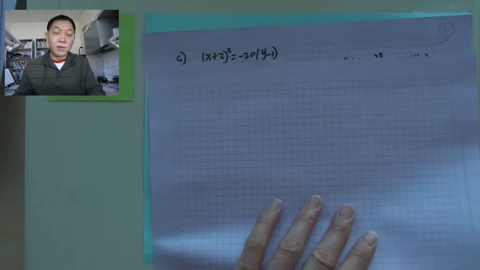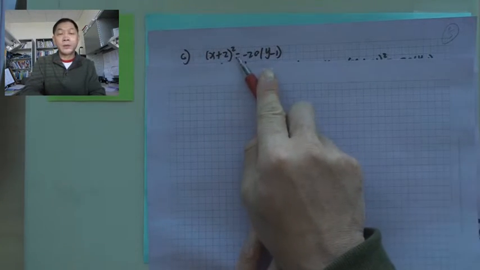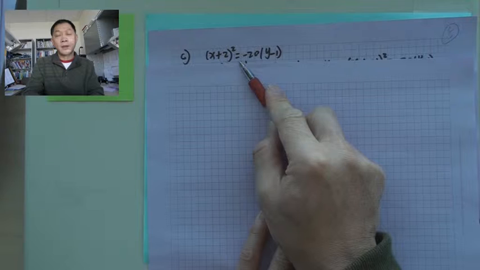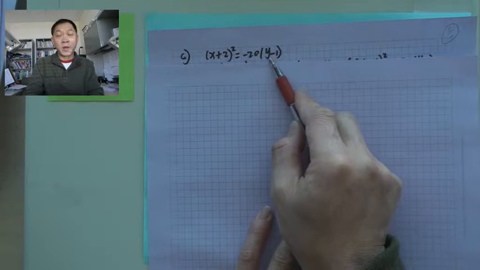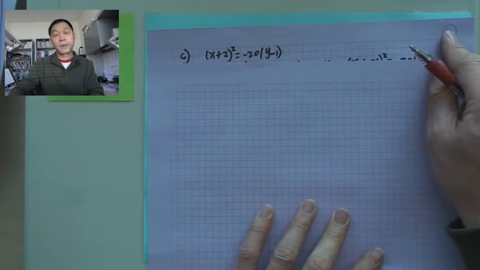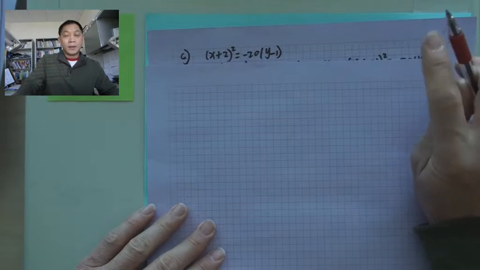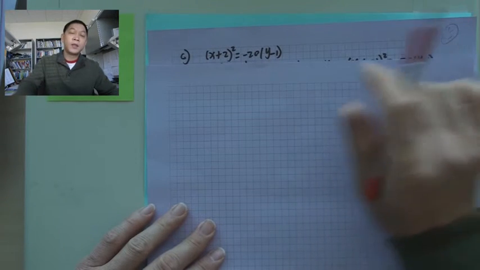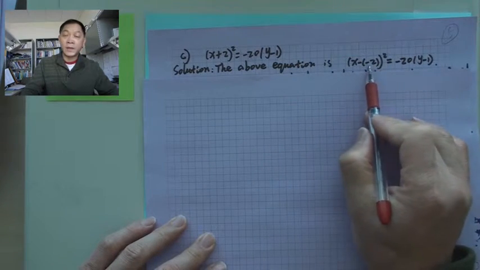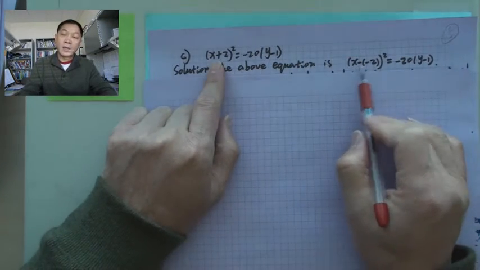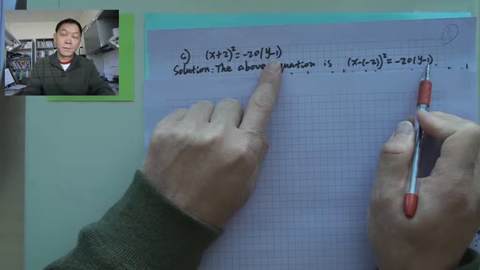This example gives the equation (x plus 2) squared equals negative 20 times (y minus 1). Now, we know this equation can be written as x minus negative 2, where negative negative is positive, and y minus 1.